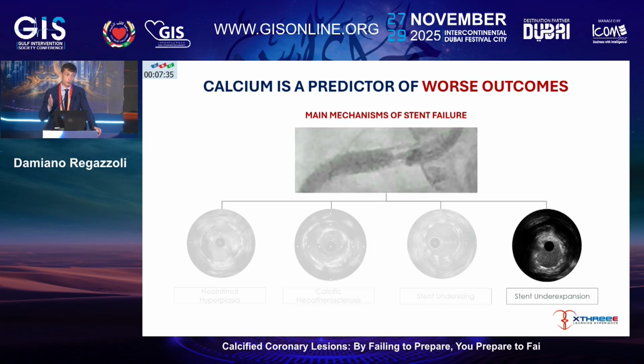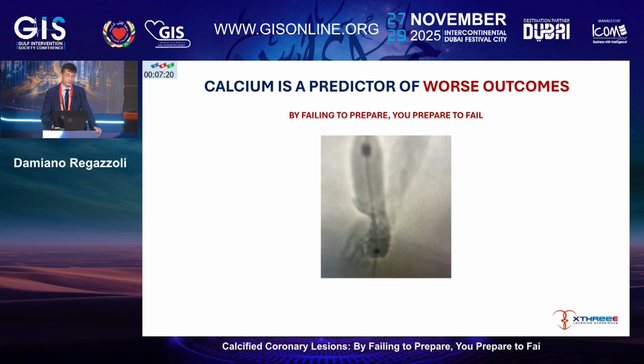So our goal when we are treating calcific lesions is to try to put down a well-implanted stent in order to reduce stent underexpansion, in order to reduce chronic events, so chronic stent failure.